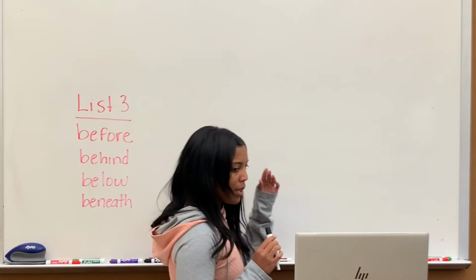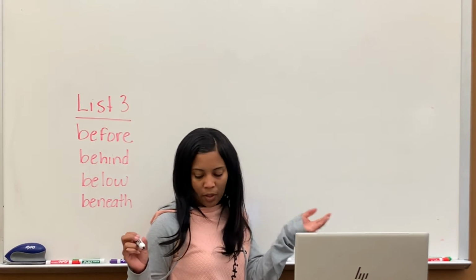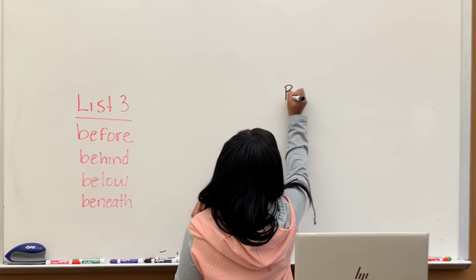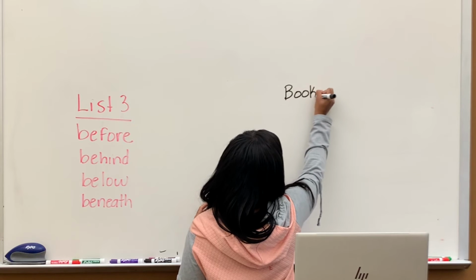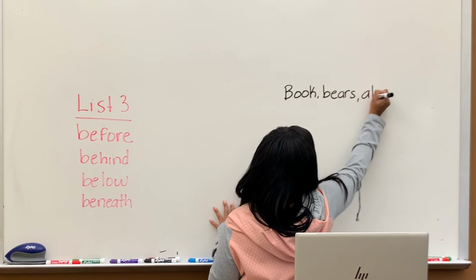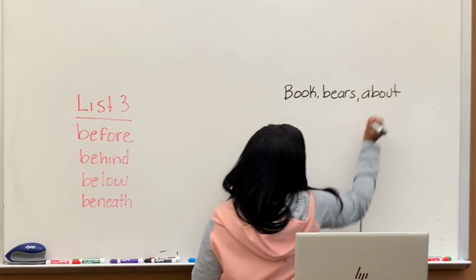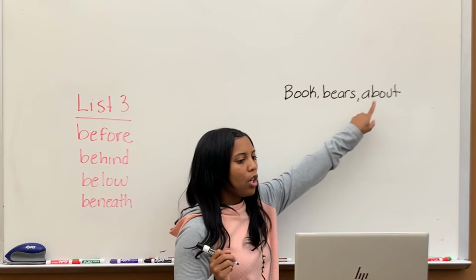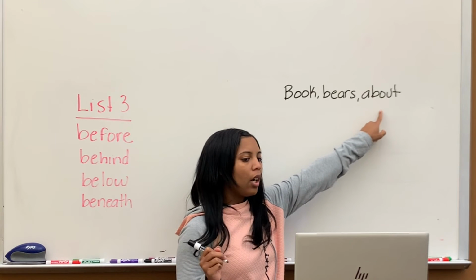So let's go ahead and make some more sentences with some of the other prepositions that we've learned. Okay? So I have book, bears, about. Now, about is our preposition. I want to show the relationship of book and bears using the preposition about.